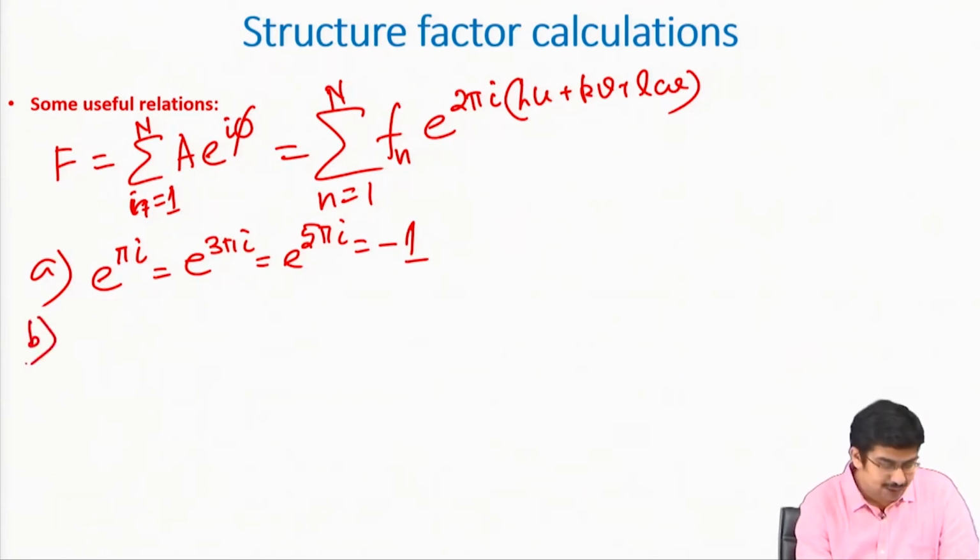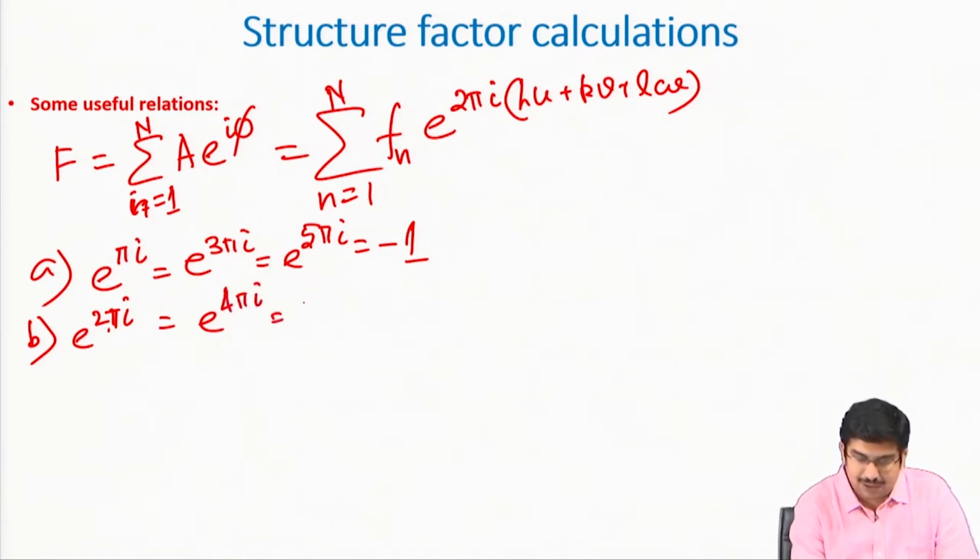Then the second one: pi i is multiplied by an integer, which may be even or odd. If we have an even multiple of pi i, then what will happen? e to the 2 pi i, e to the 4 pi i, e to the 6 pi i, all of these will be 1.